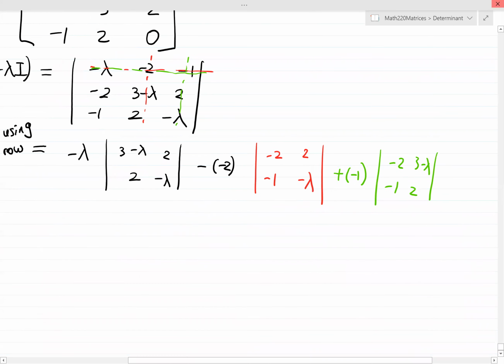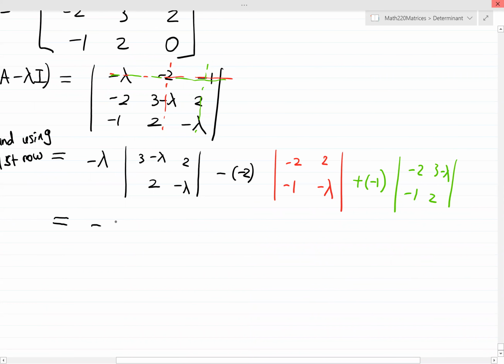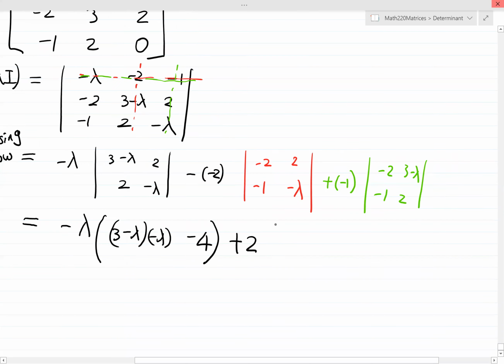So we get negative lambda times (3 minus lambda times negative lambda minus 2 times 2), plus 2 times (-2 times negative lambda, so 2 lambda, minus negative 2, so plus 2), and then minus (negative 4 minus 3 times lambda).